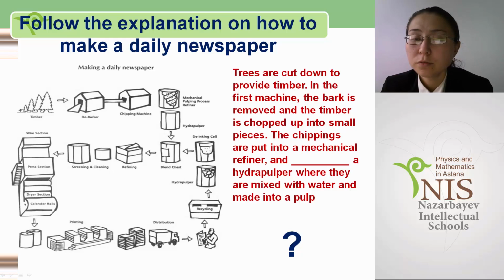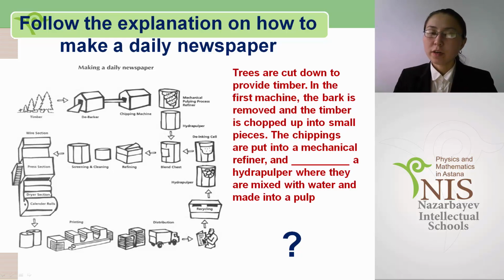Now I need you to complete this little passage where you should write a word that is missed. Let's look very carefully together and try to put the right word. Trees are cut down to provide timber. In the first machine, the bark is removed and the timber is chopped up into small pieces.